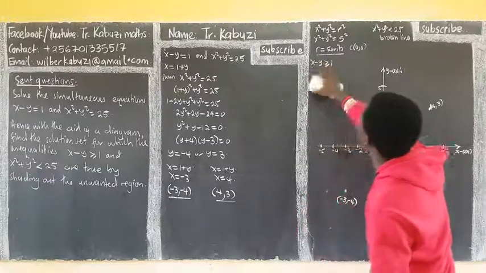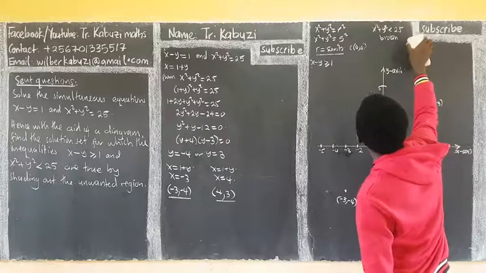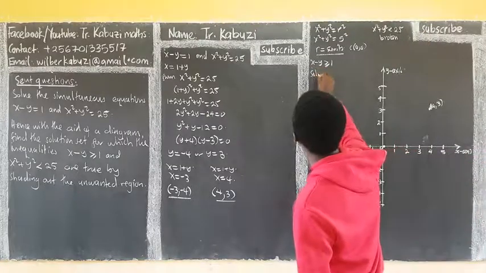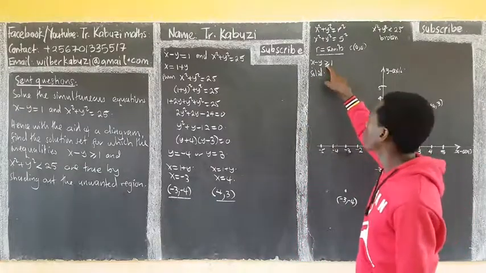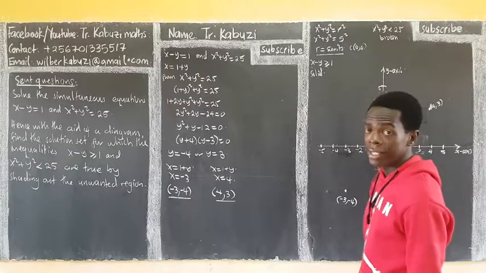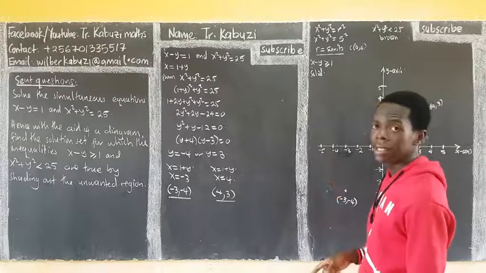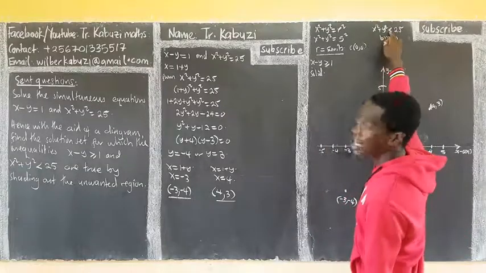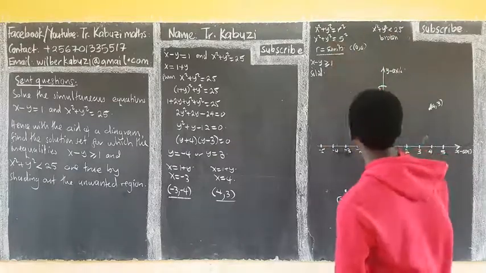This one is broken, and this one is solid, because of the inequality sign: whenever it's greater than or equal to or less than or equal to, for them we use solid lines. This one here, because it is less than, we are going to use a broken line.